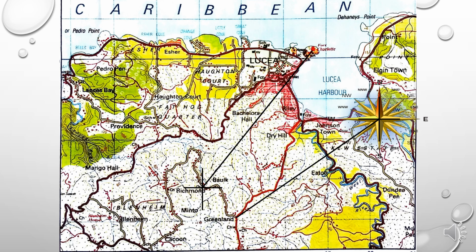This shows that our line that is drawn from the bridge to the road junction, passing through the shaded area right here, is covered by southwest.